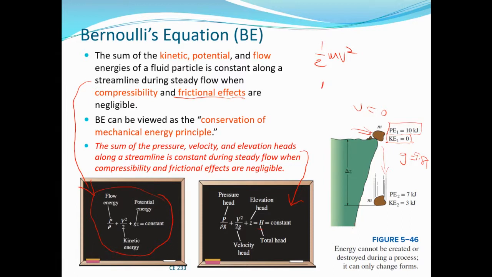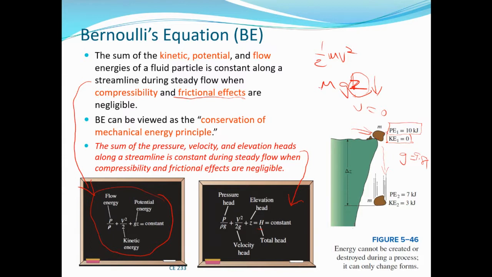Z is reducing because this is mgz, the potential energy. Z is going down. Because m is constant and g is constant, when z reduces, the potential energy reduces. So kinetic energy increases and potential energy decreases. So there is a conversion of energy. The energy is converted from potential energy to kinetic energy.